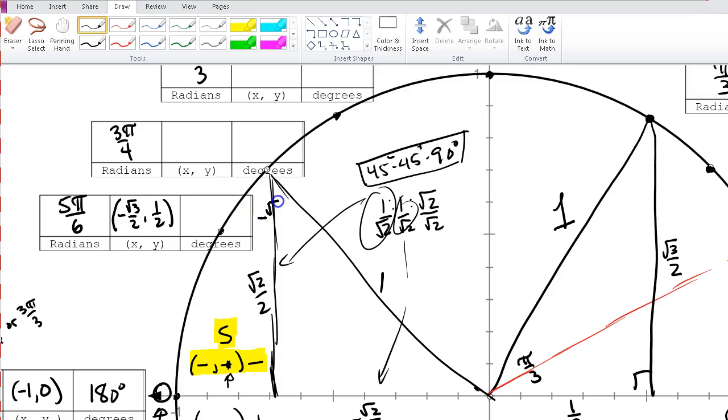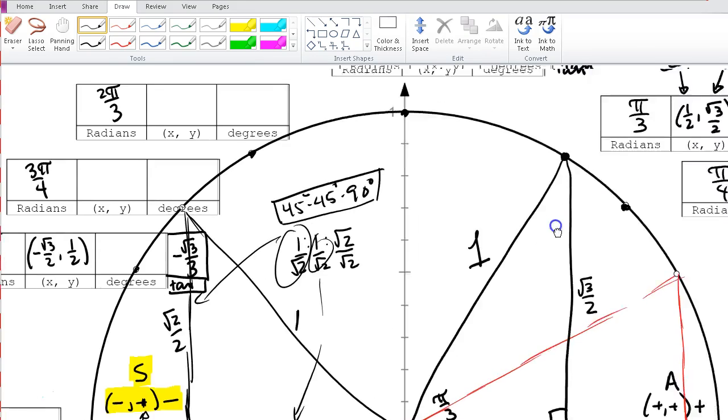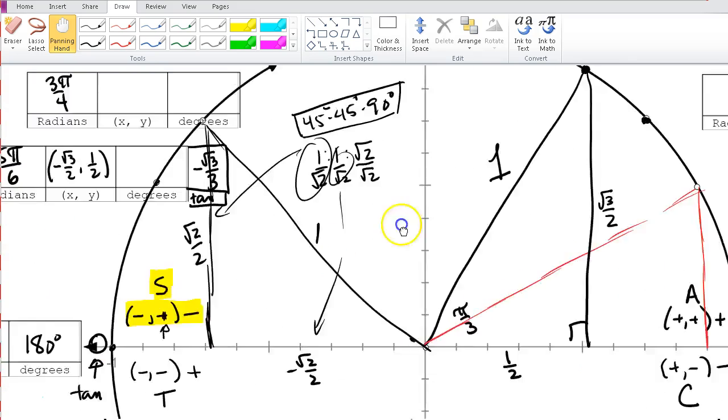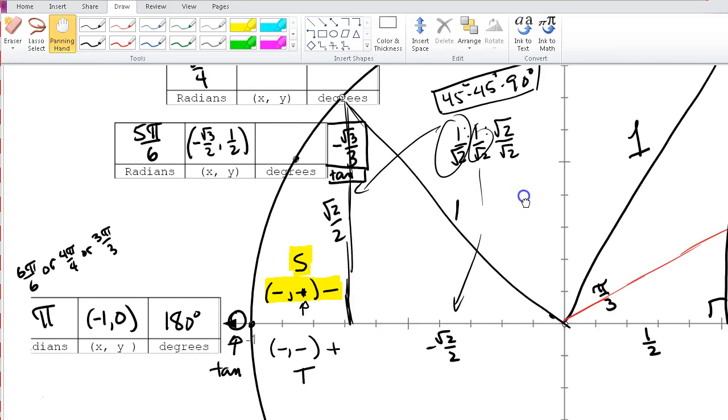It's going to be negative root 3 over 3 for my tangent. Okay, so same coordinates, same tangent, except the only thing positive is the sine. Remember, all students take classes: sine for students. Only the sine is positive. So all my other angles, they're going to have these same values and tangents. You just need to figure out what's positive and what's negative.